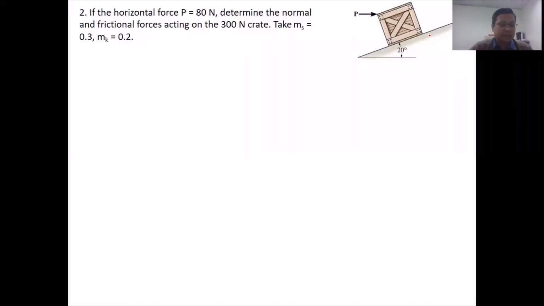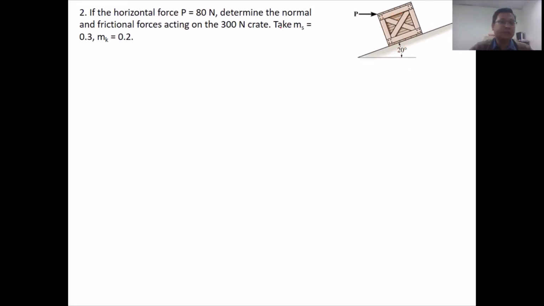Okay, as mentioned in the tutorial, question number 2: if the horizontal force P, please refer to the figure, equals 80 Newton, so we push the box at a certain angle theta equal to 20 degrees.